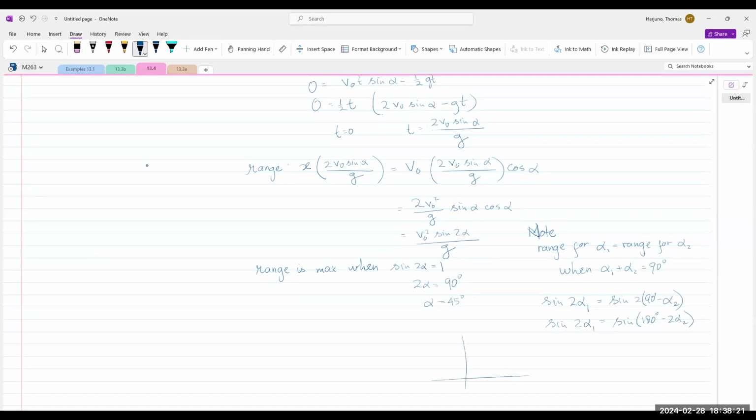In other words, if you throw it at 30 degrees and throw it at 60 degrees, you will hit the same spot on the ground. If you throw it at 20 degrees, it will have the same range as if you throw it at 70 degrees. 20 and 70 the same. Now, it has something to do with the fact that it's the double angle, right? Therefore, as long as those two angles are complementary, the values of sine of 2 alpha are the same.